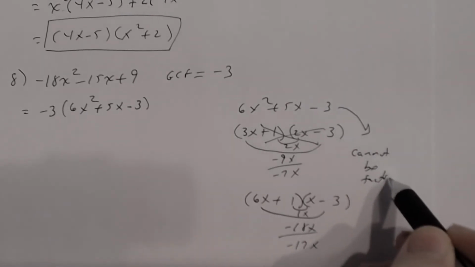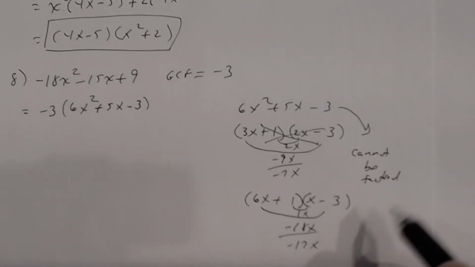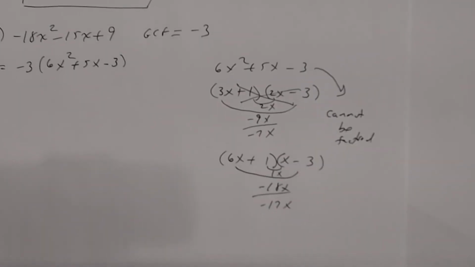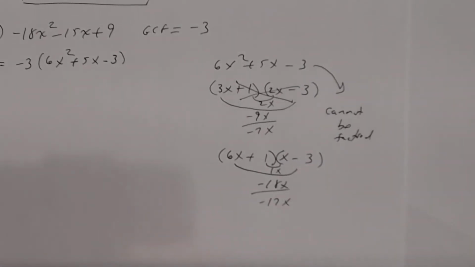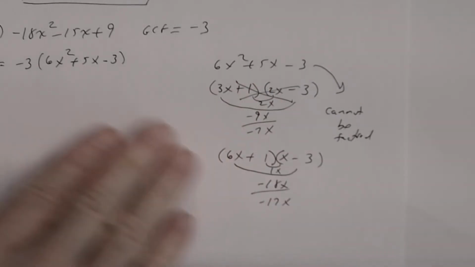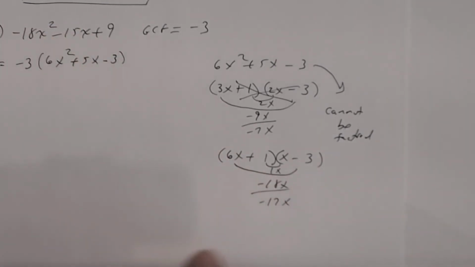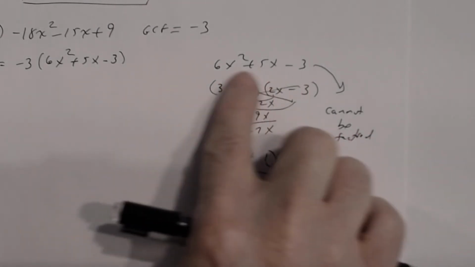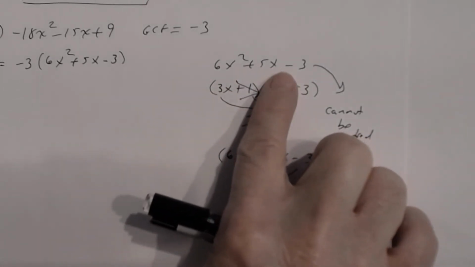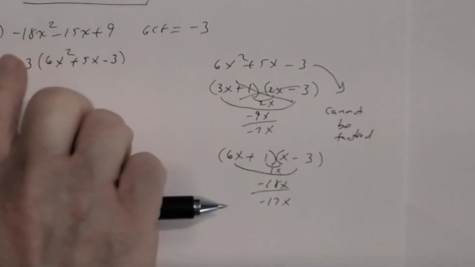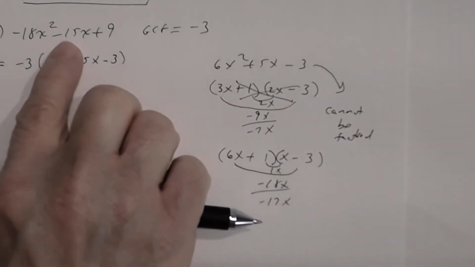Now be careful. Remember we had the discussion previously in our lessons, when some students get to that point, they forget about what they've done already, and they think, okay, the answer is prime, and they put prime as the answer. No, it's not prime. This right here is prime. You cannot factor it, but that wasn't the original. The original was this, and you did factor that.